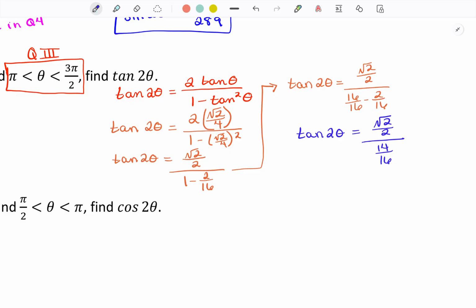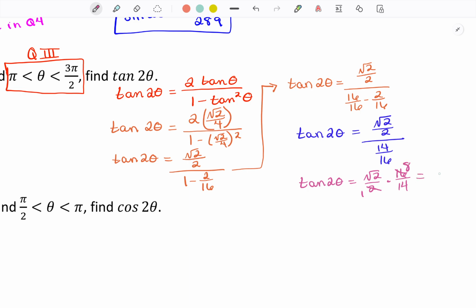We now need to flip and multiply. So we're going to have the tangent of 2 theta equals the square root of 2 over 2 times 16 over 14. And we can cross reduce. So we've got 1 and 8.